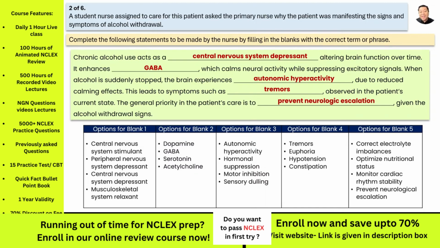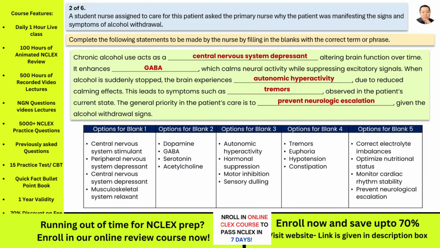Well, even though you're fixing the electrolytes with the administration of those replacements, it's not the top priority in this case, because the biggest danger right now is neurological escalation, such as seizures or delirium tremens, which can develop quickly, sometimes within a few hours, because of the brain's overactivity during the withdrawal.